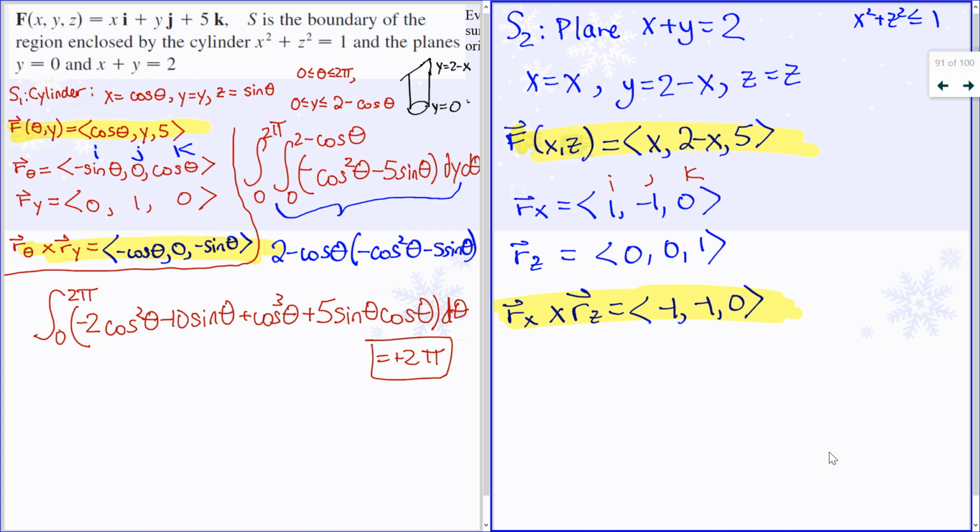So now when I do the dot product, I get the integral of -x, -2 plus x, dx dz, over x squared plus z squared, filling in the circle less than or equal to 1.